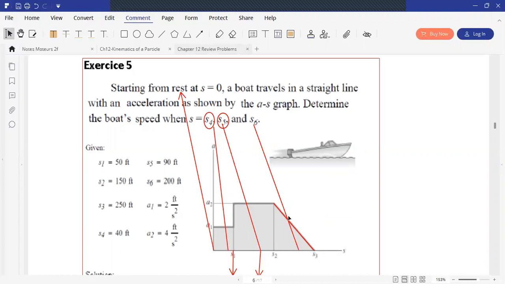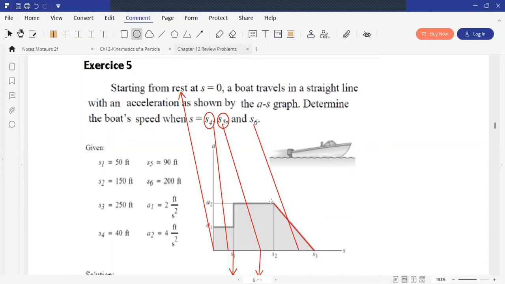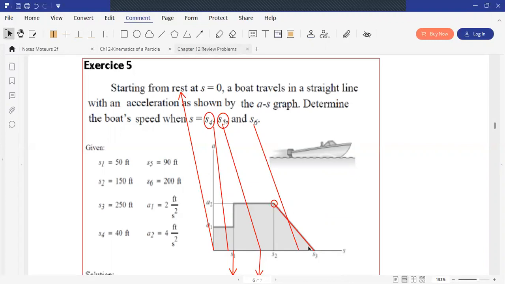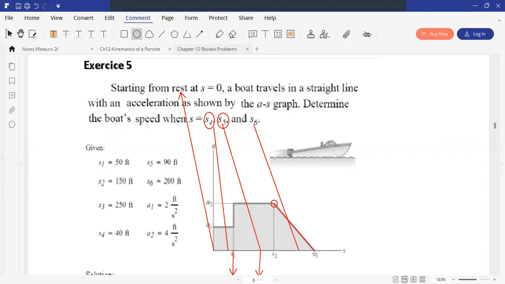To find the equation for A, all I have to do is consider 2 points. I have 2 points characteristic of this phase. This is the first point, and this is the second point. Why do we need the equation of this line? We can find the area without finding it.